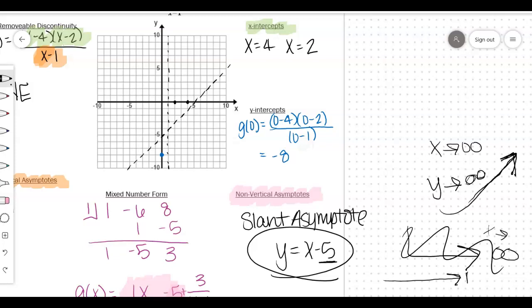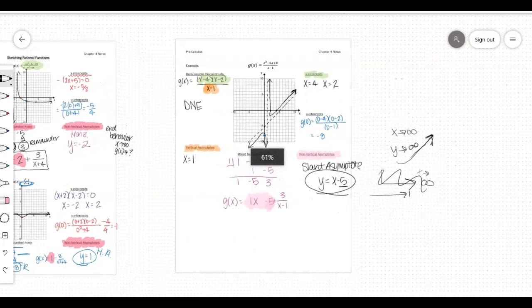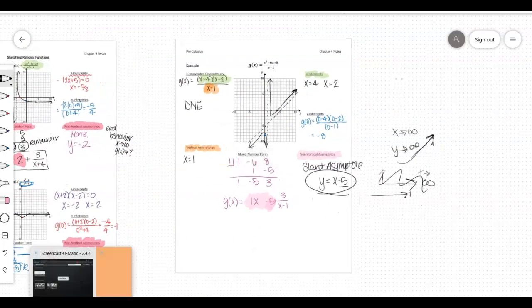And so you can see that over here, it's going to follow this asymptote, cross through this point, follow that asymptote, and so it heads off and it gets bigger forever and ever. Over here, it'll do something very similar. Note that here we have our y-intercept, so it's probably going to follow the same type of shape on the other side as well. Okay, and that is it for 4.5 notes.